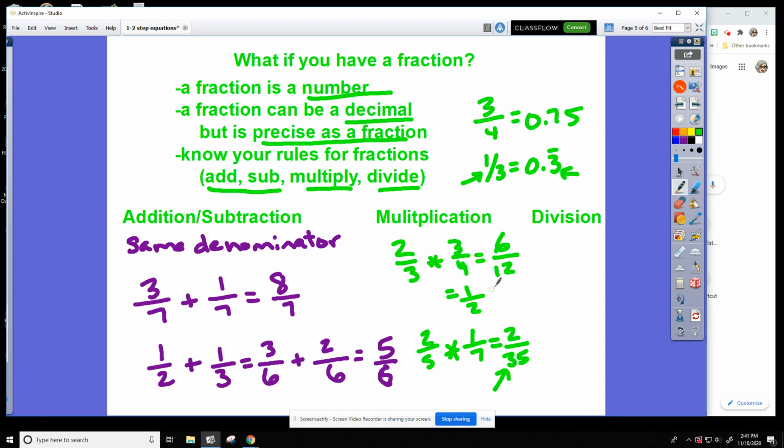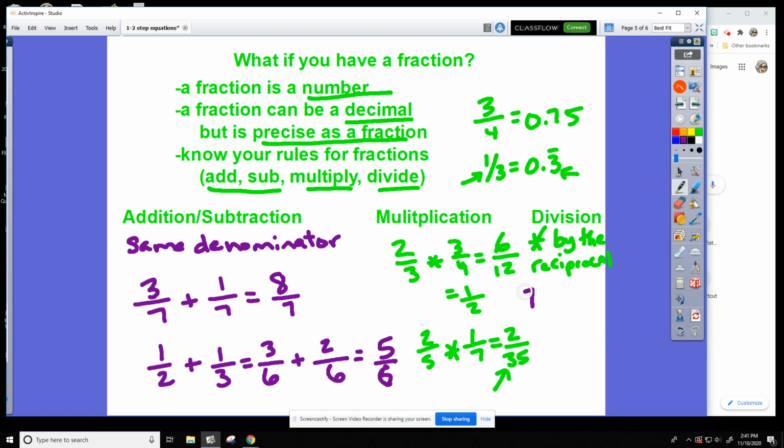Now division. I didn't leave myself much room. Division, you have to multiply by the reciprocal. So that means sometimes you say copy dot flip or keep change flip. I'm going to go back to purple here.